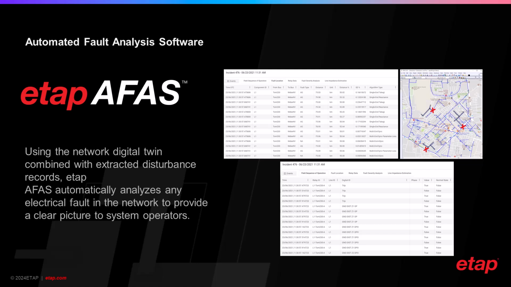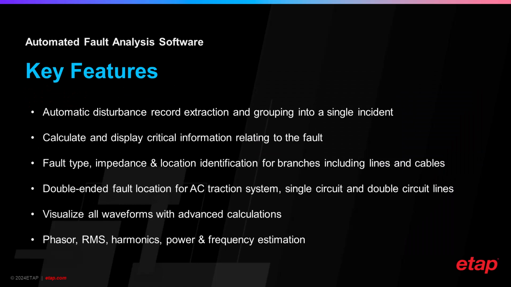AFAS is a model-driven software that automatically collects disturbance records throughout the system and provides crucial information for system operators. By leveraging the model data, AFAS delivers a comprehensive report of disturbance analysis and system dynamics, enabling more effective decision making.